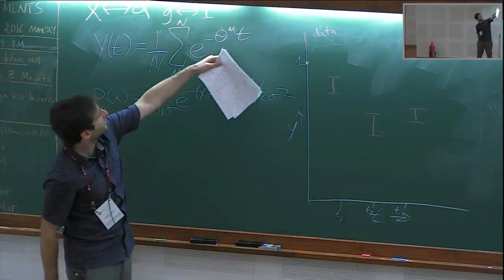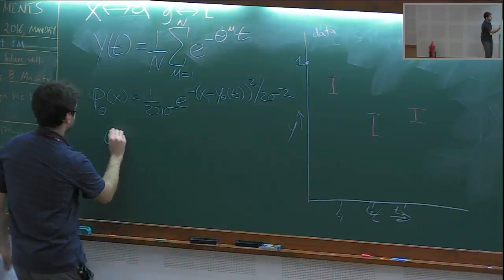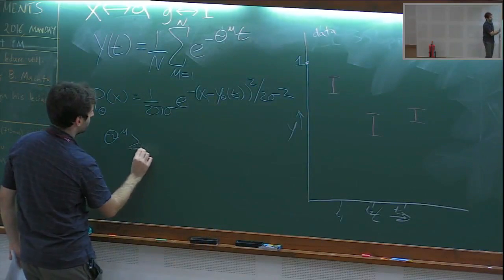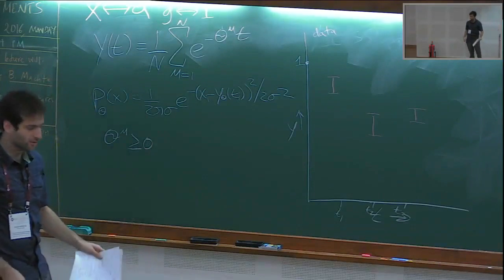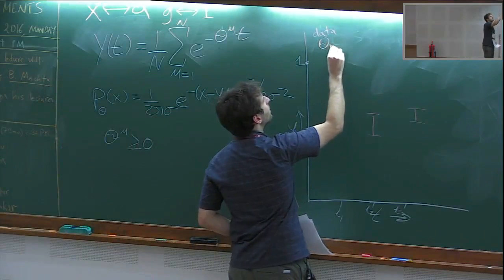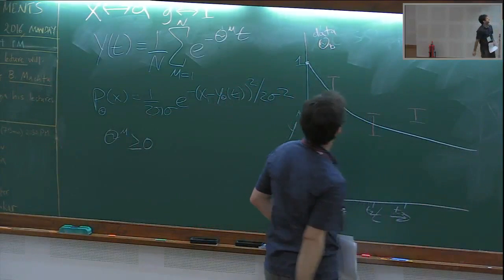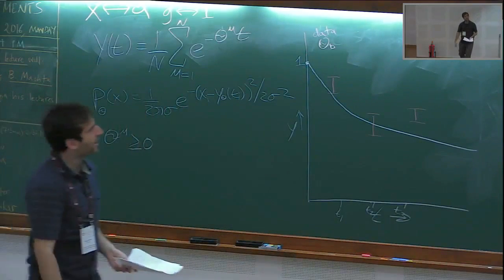And the only constraints that I want to place on my parameters here are that theta mu are greater than or equal to 0. So I don't want to allow negative ones. And then I can have some theta best fit, which looks something like this.